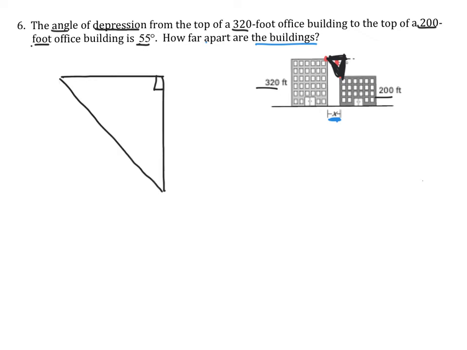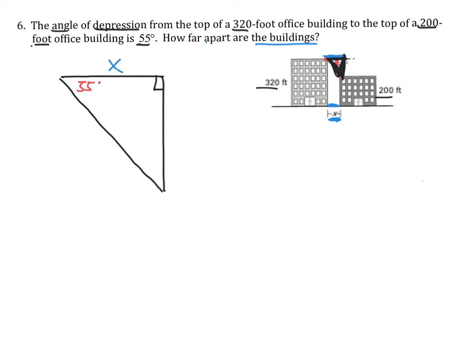So we were given an angle of depression, 55 degrees in the top left here. What I'm looking to solve for is x, the distance in between the two buildings. Well, that should be the same as the top part of this triangle here. So I can fill in x up top.